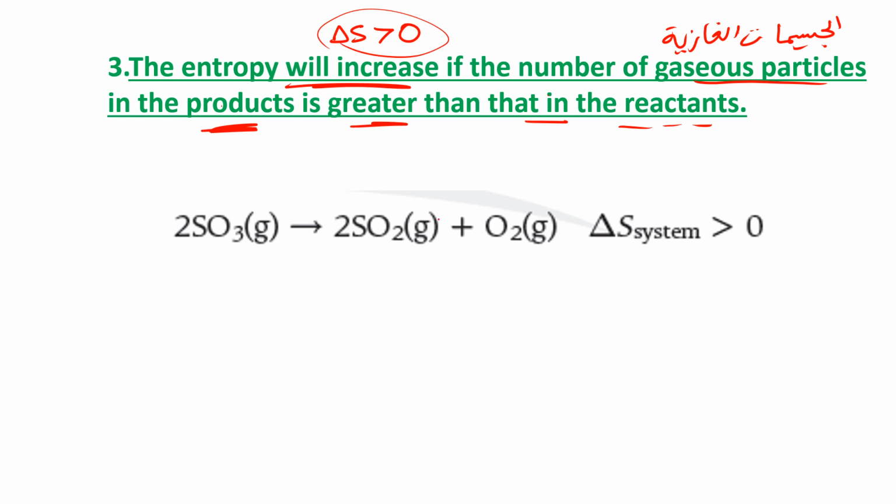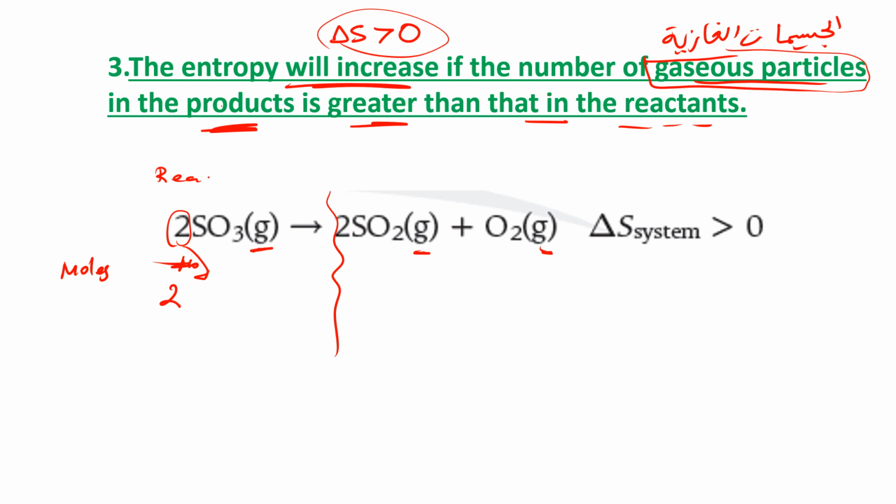Okay, look at this reaction here. Gas, gas, gas. So we're talking about gaseous particles, right? How many moles here? How many moles are here? So moles. So we have 2 moles here, right? 2.